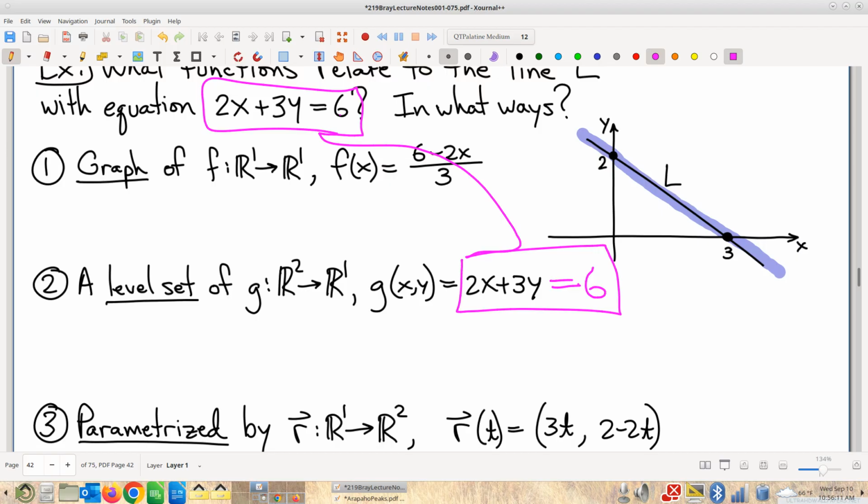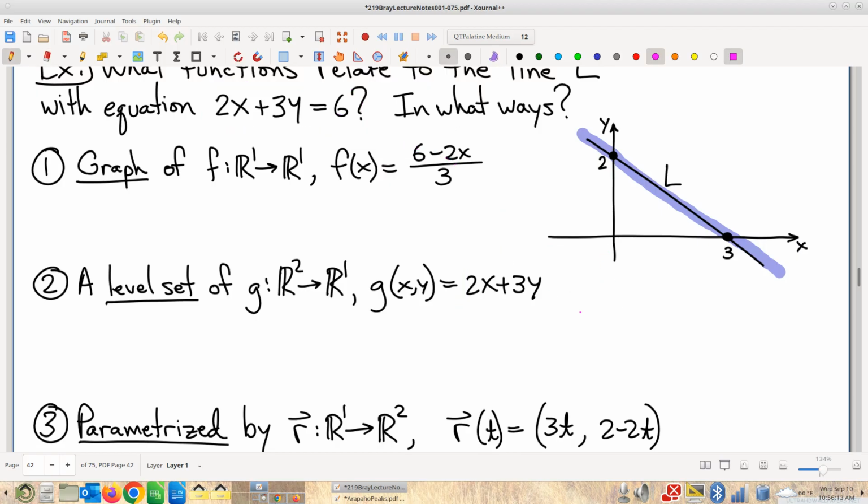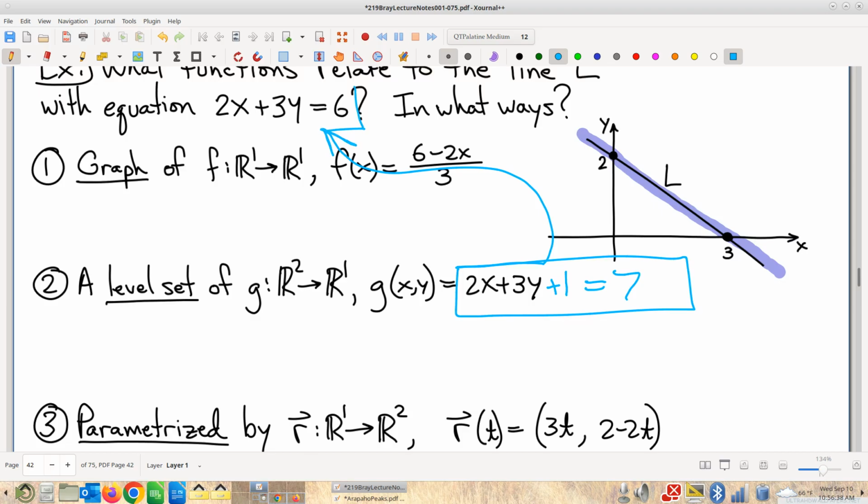But if I wanted to, I could rewrite this function as 2x plus 3y plus 1. New function. Now I changed what g is, but I can still make that curve a level set of this function by just setting it equal to a different appropriate constant. And again, that is equivalent to this. Is that kind of what you were getting at? Okay. Thank you.